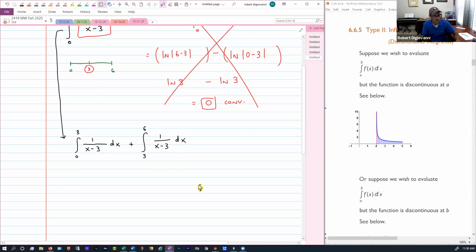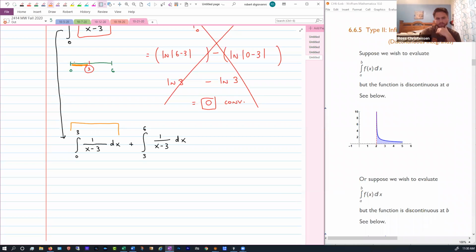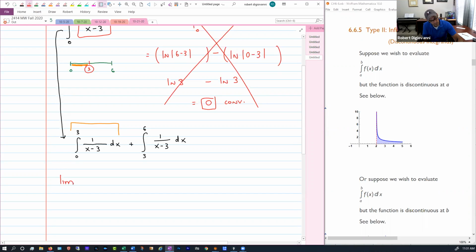So on this first integral here in orange, which side of 3 are we approaching from, left or right? The left. So this is going to become the limit as t approaches 3 from the left of the integral.